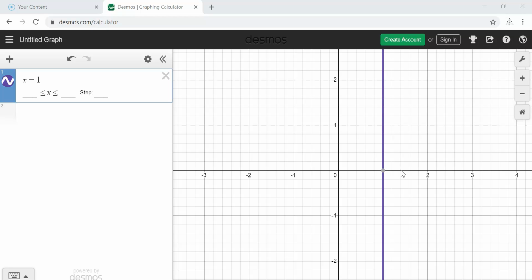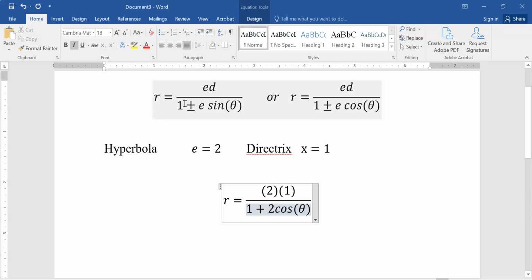I want you to just note that the hyperbola is going to be pointing sort of left and pointing right. And that means that I'm going to have to use the cosine version of the equation. So I'm going to use the r equals ed over 1 plus or minus e cosine theta version.